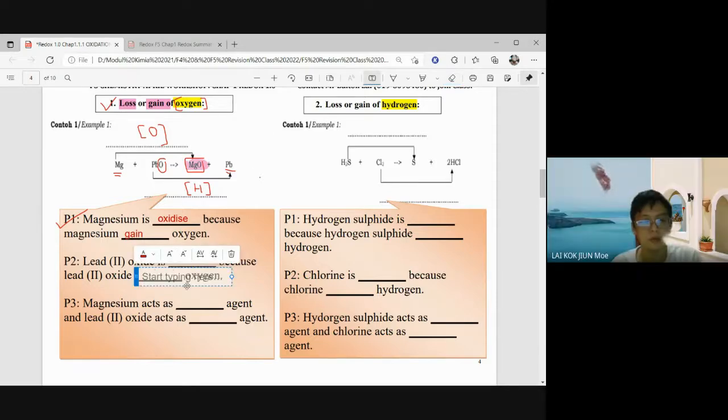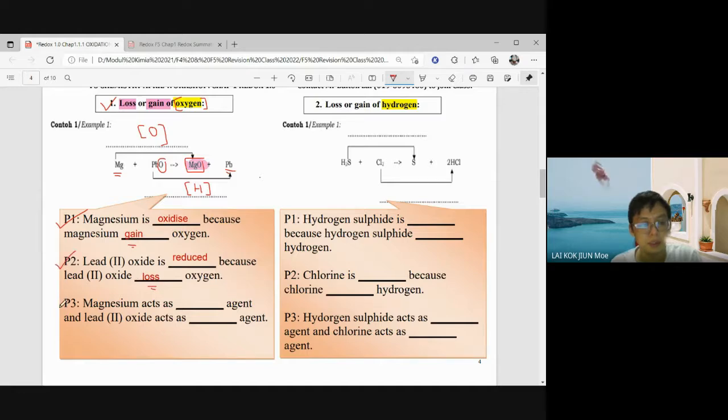Gain or lose? Lose. So you use the keyword lose, easier. So you see, when the question gives you the equation, ask you to explain, you just follow. First thing you say, which one oxidize? Why you say oxidize? Because gain oxygen. Okay. Why reduce? Because lose oxygen.